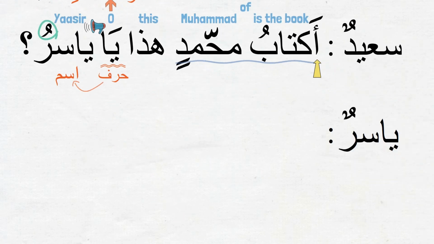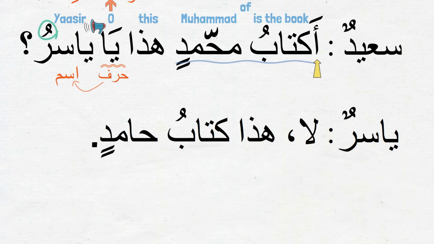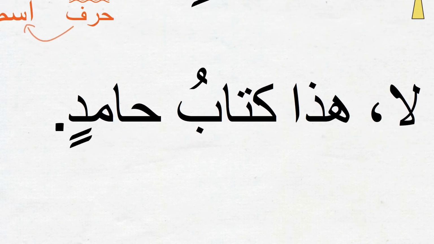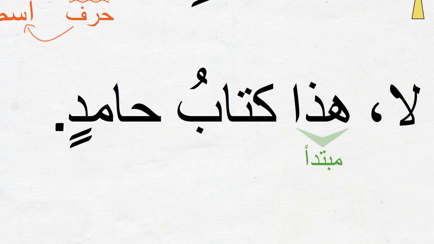Yasirun. Yasir is answering. La. هذا كتاب حامد. No, this is the book of Hamid. This sentence, هذا كتاب حامد, is a jumla ismiyah because it is starting with the ism هذا. What do you think is the mubtada of this sentence? هذا, right? هذا is the mubtada.